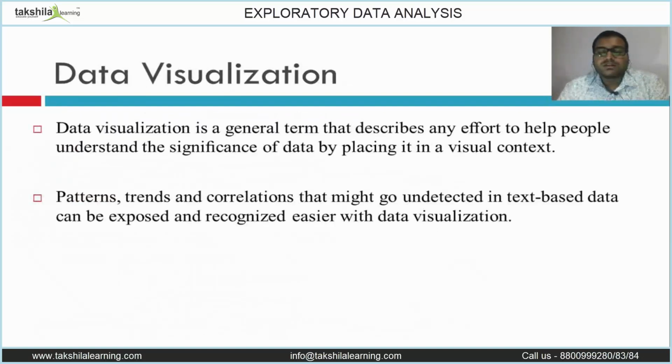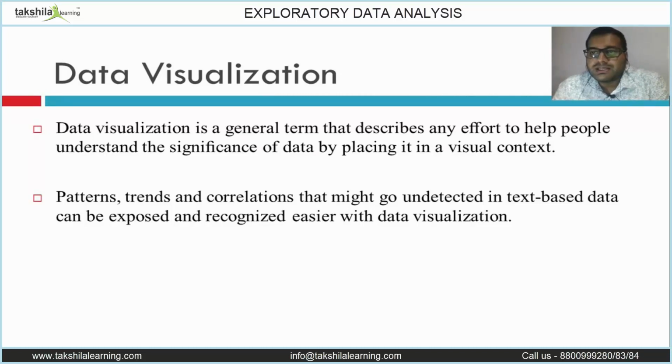Now, data visualization. To get the best result from the data, we need to understand the hidden patterns and the trends, and for that we should always prefer the visual context. That is where the term data visualization comes in, where we visualize the data using different kinds of plotting graphs, like the histogram, scatter plot, pie chart, bar chart, and box plot.